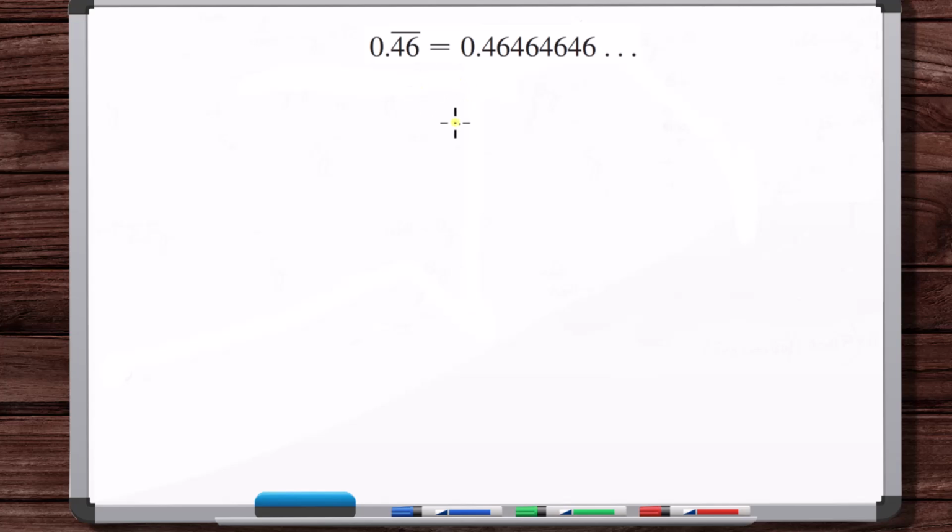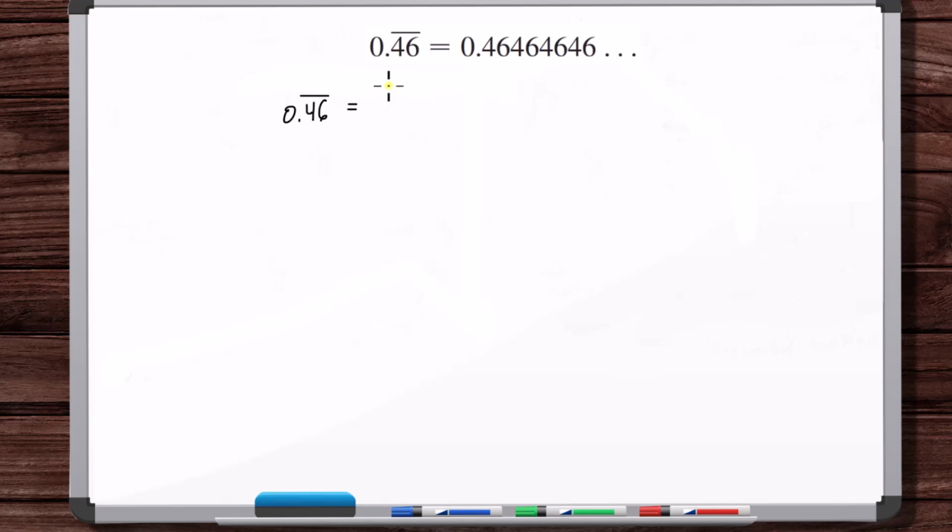Okay, what about 0.46 repeating? It's going to be 0 plus something. Since we've got a bar over 2 digits, the common ratio is going to be 1 over 100, 1 over 10 squared. What do we have?